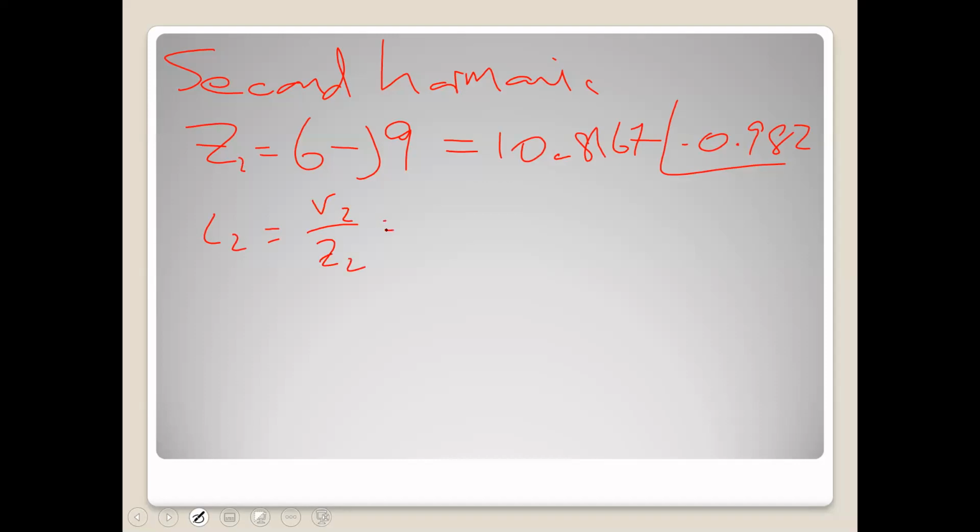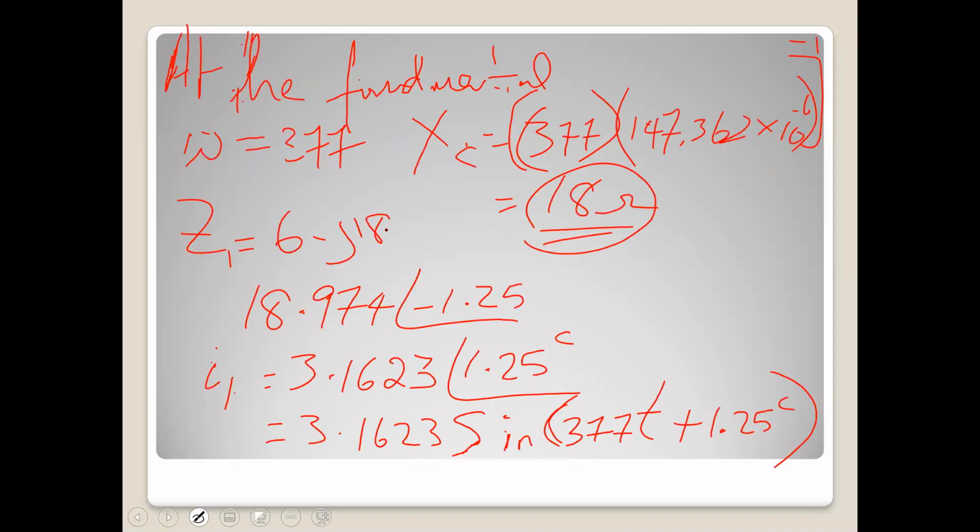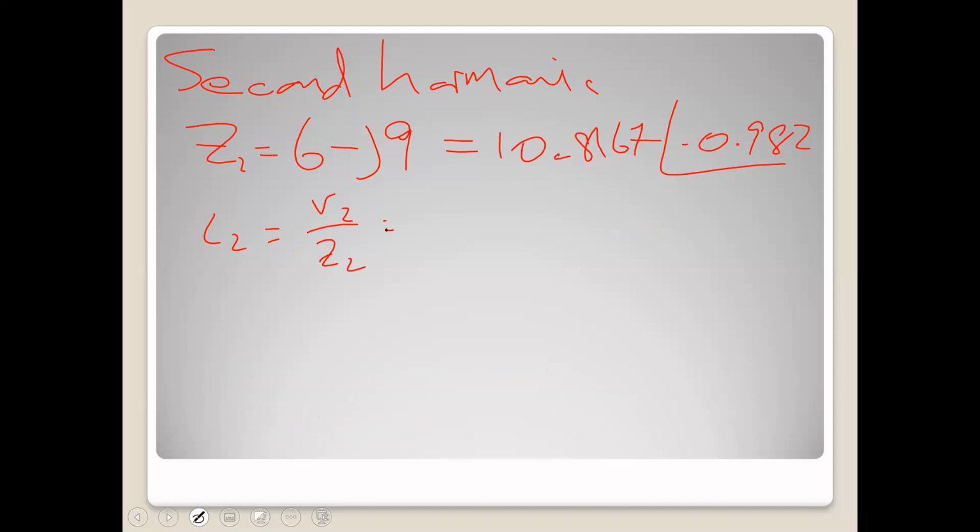V2 was 30, so we have 30 divided by 10.8167. That gives us 2.7735, let me just use 4 decimal places, sine of 754t plus 0.982.